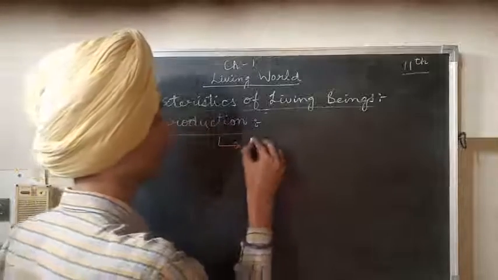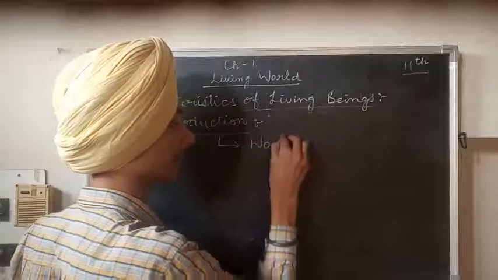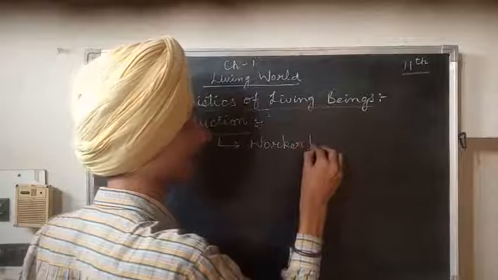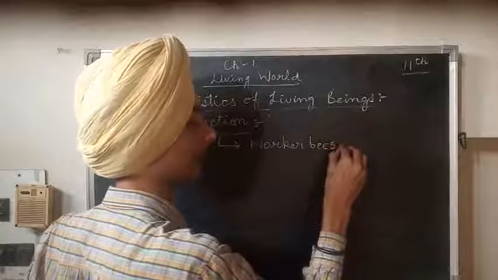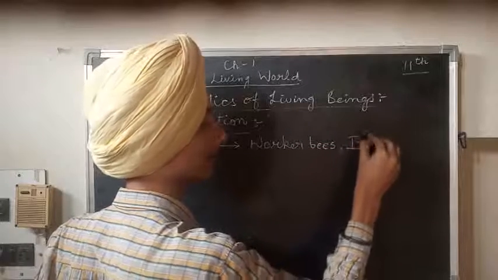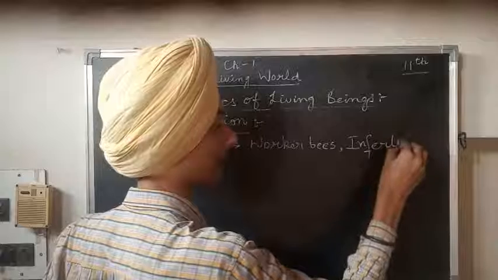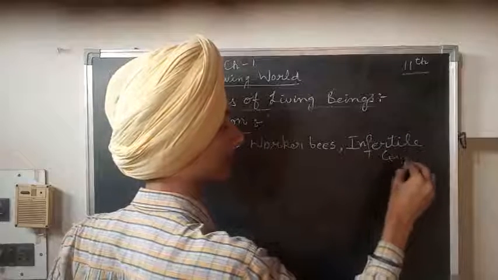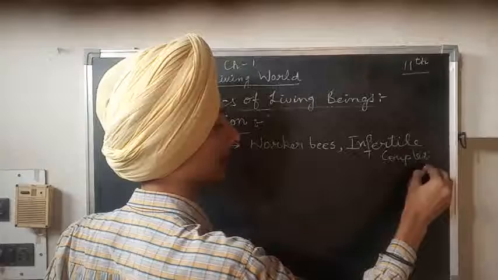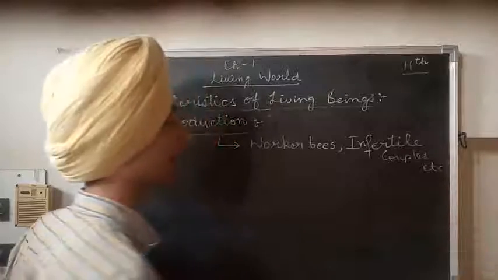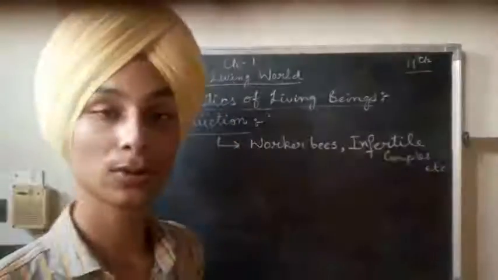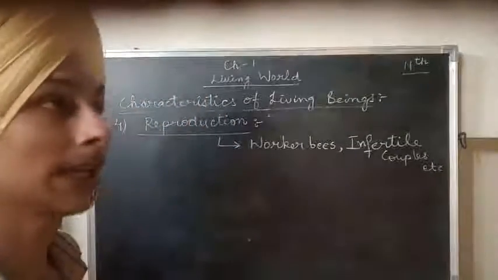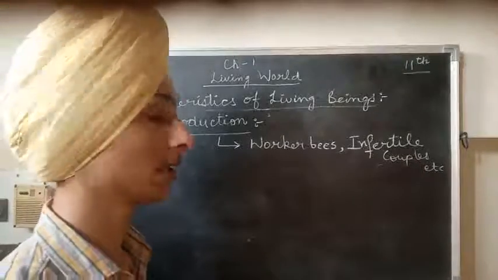For example, worker bees and infertile couples, etc. Infertile couples are those couples who are incapable of producing their own child.